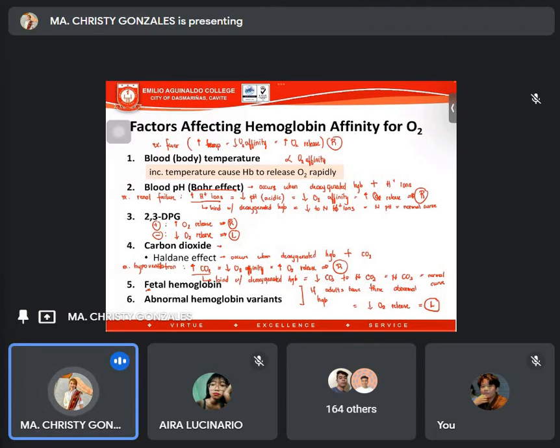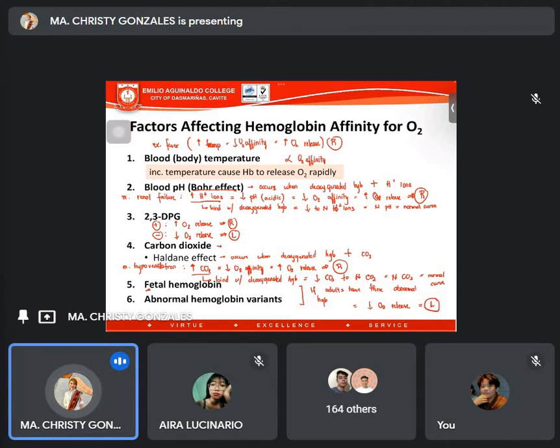Tsaka nyo tignan yung affinity. Okay? Sometimes, hindi nata-target yung affinity or it's not about the affinity. Sometimes, it's about the release. So, minsan, tignan nyo rin muna agad yung release bago nyo i-justify kung yan ay shift to the right or shift to the left. Okay.